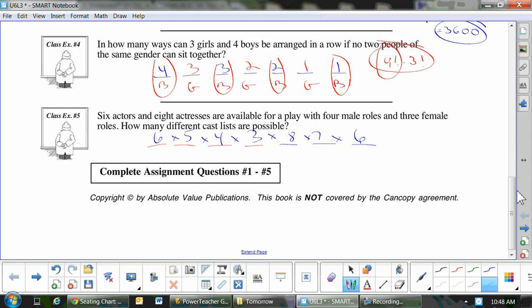But here's another way you could do that. I have 6 male roles, and I'm picking 4, times there are 8 female roles, and I'm picking 3. So 6 times 5 times 4 times 3 means 6P4.